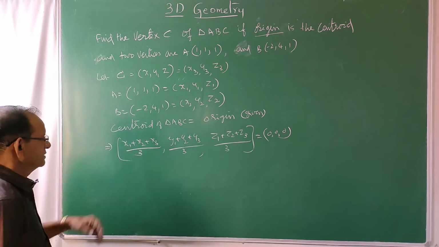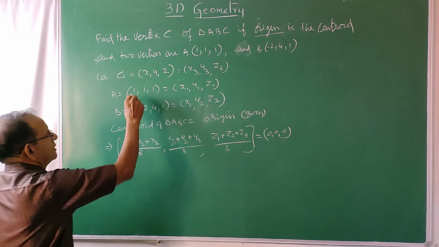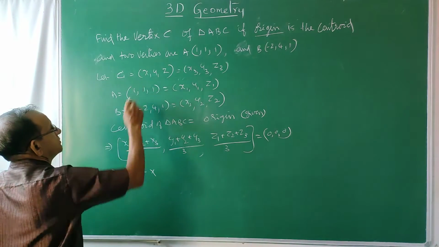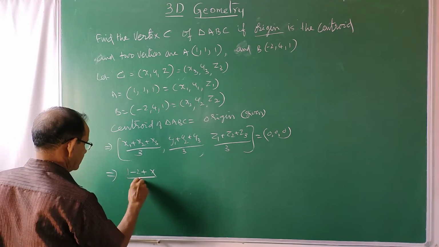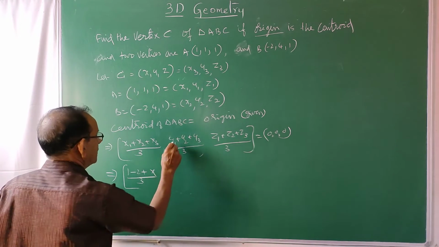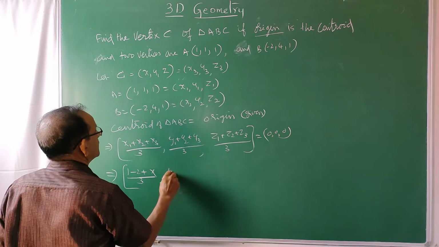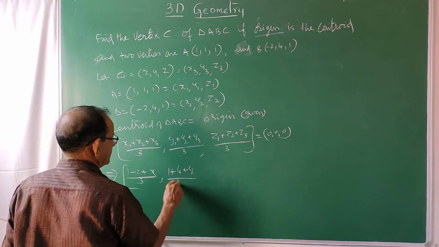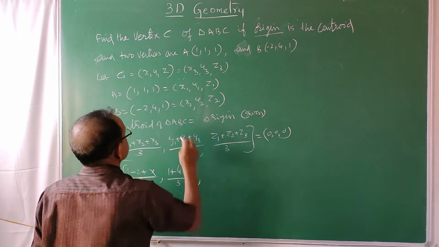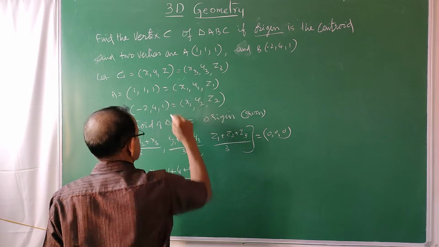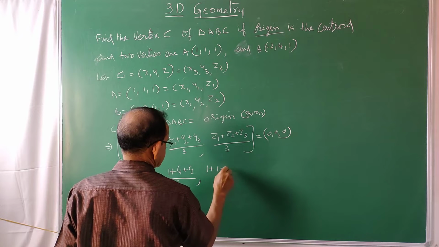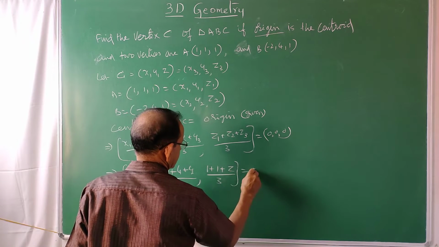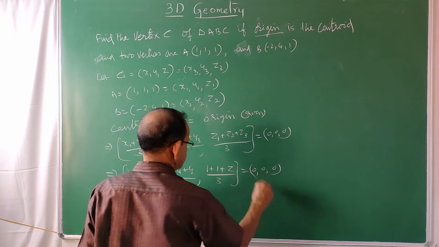Substitute the values in this one. That implies (1 minus 2 plus x, because x3 is x) by 3, (y1 is 1, y2 is 4 and y3 is y only) by 3. Next (1 plus 1 plus z) by 3 is equal to (0, 0, 0).